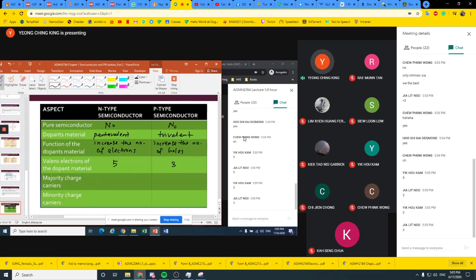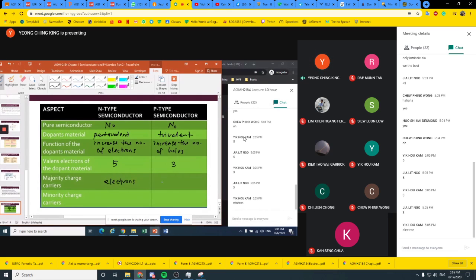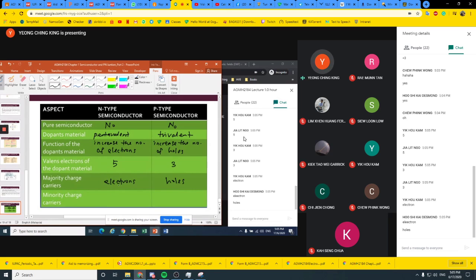And then for this one, majority charge carriers for N-type. What is the name? Or what is the element? Electron. Then for the P-type will be the holes. So since the majority of N-type is electron, the minority will be the holes, and for P-type the minority is the electrons.